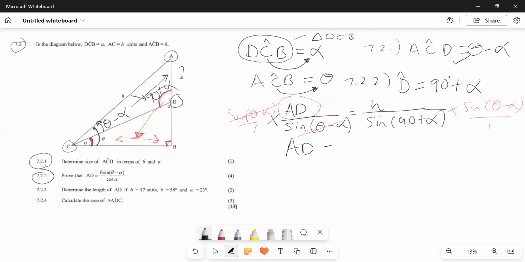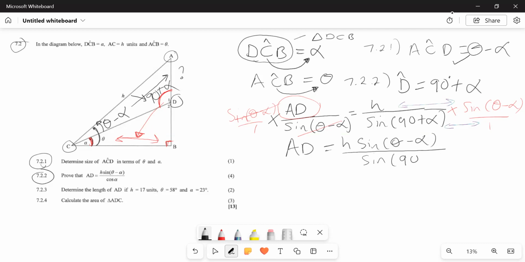So AD is equal to, numerator multiplied by numerator, denominator multiplied by denominator. So H times sine theta minus alpha, that's H sine theta minus alpha. And then sine 90 plus alpha multiplied by 1 stays the same.